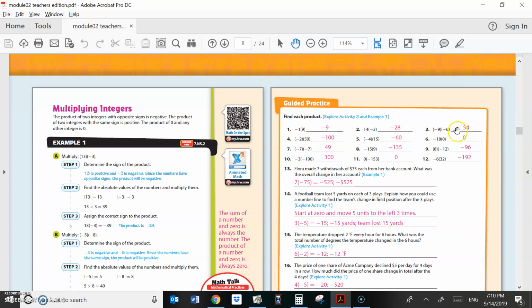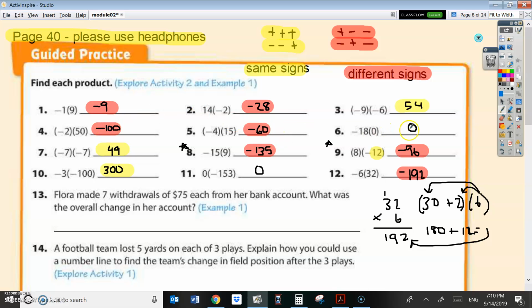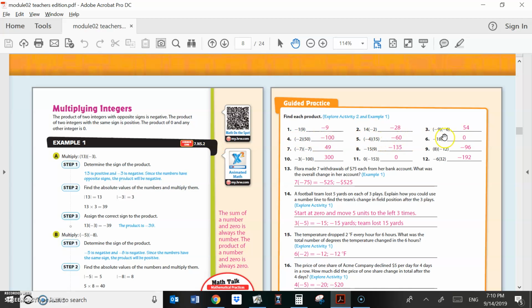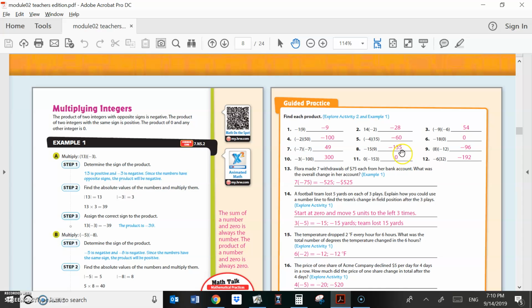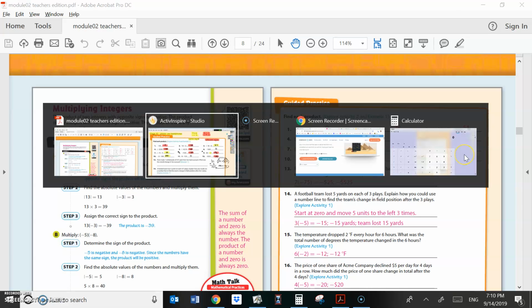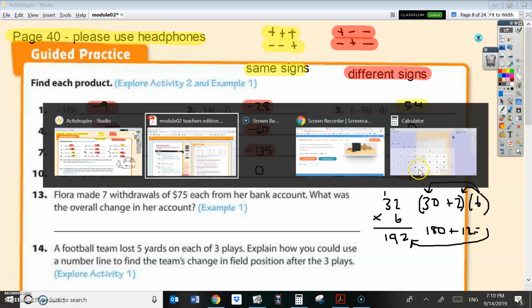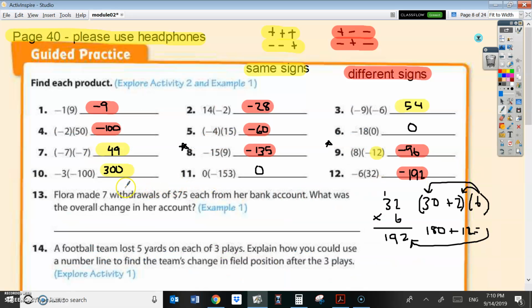Negative 100, negative 60, 0. 49, negative 135, negative 96. 300, 0, negative 192. Great. Withdrawals are negative.